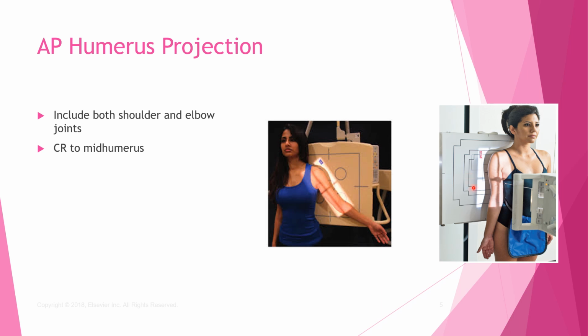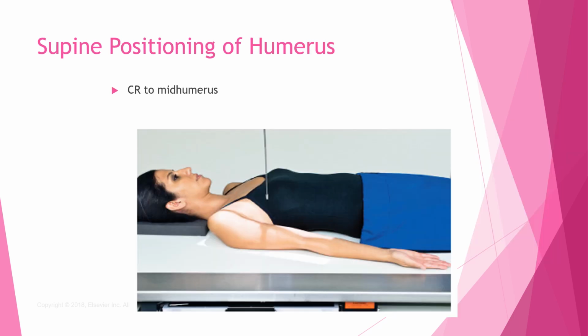Okay, so either position is acceptable, either standing with the arm down by the side or the arm slightly abducted. 40-inch SID to the wall bucky or the table bucky, 75 kVp at 3 mAs. CR is mid-humerus, and with this particular image, the epicondyles are parallel to the IR and equidistant from the IR.